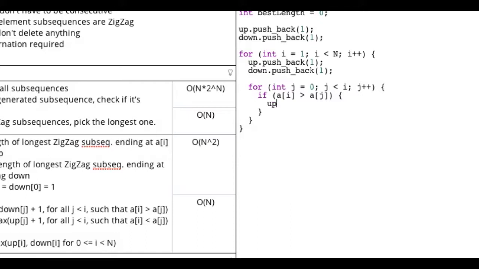So we can say up I and then if the opposite is happening, we'll be updating down I.